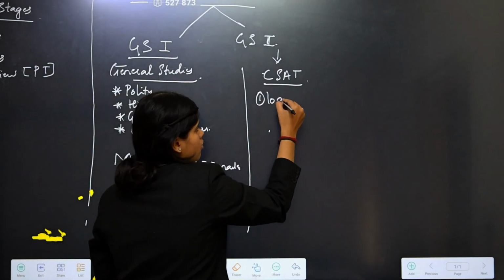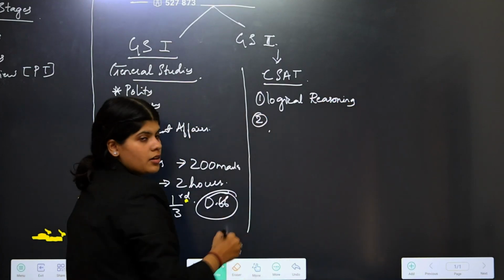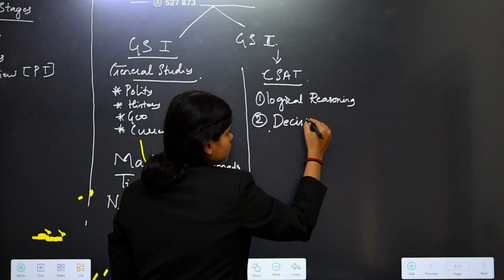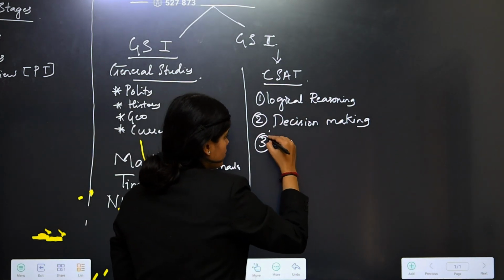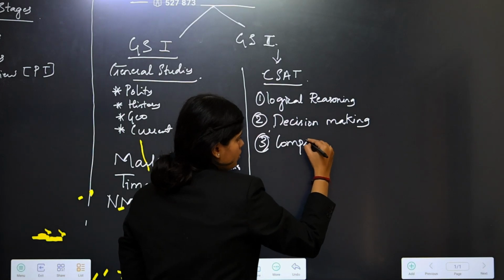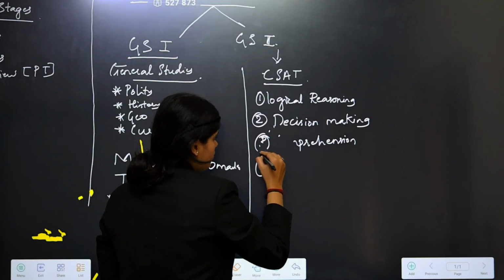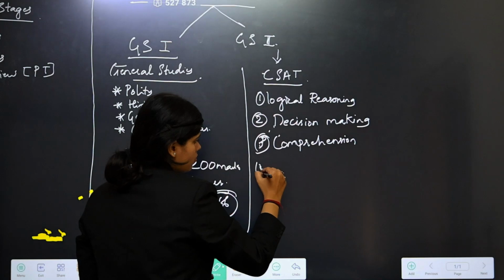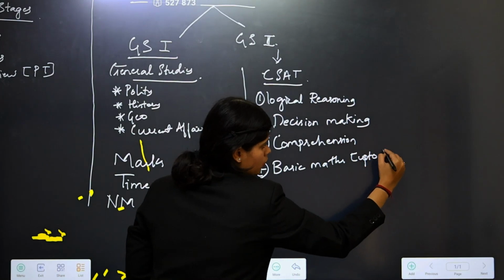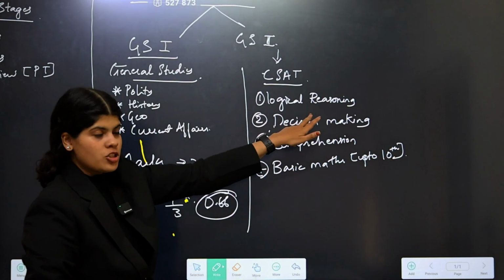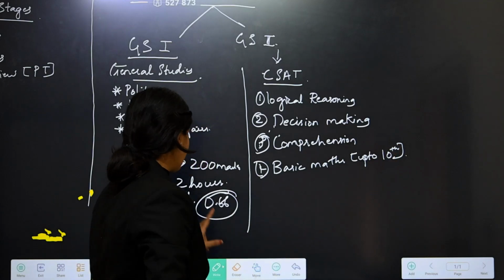You have logical reasoning, you have decision making, you have comprehension, and you have basic maths, which is up to 10th.